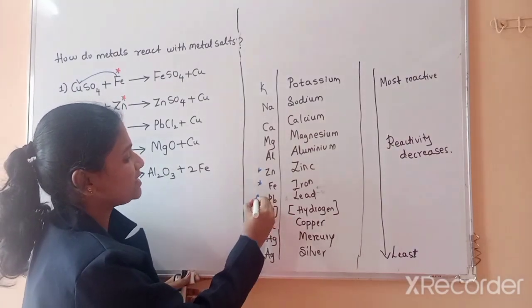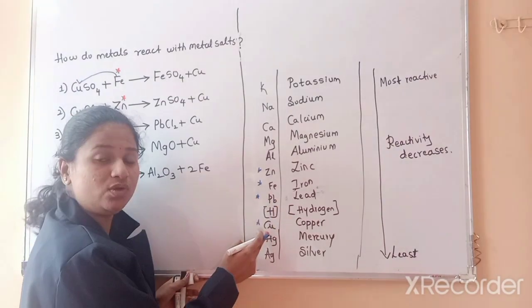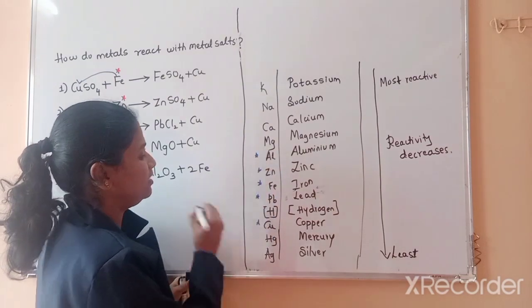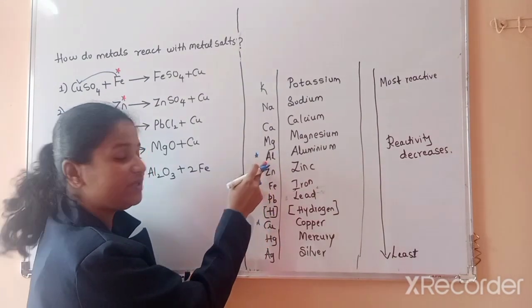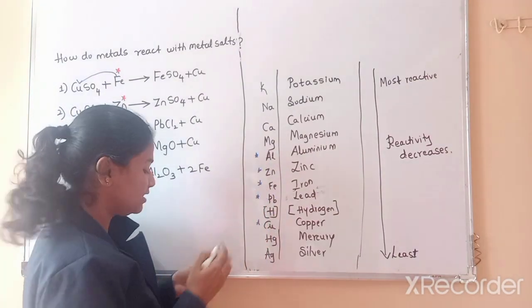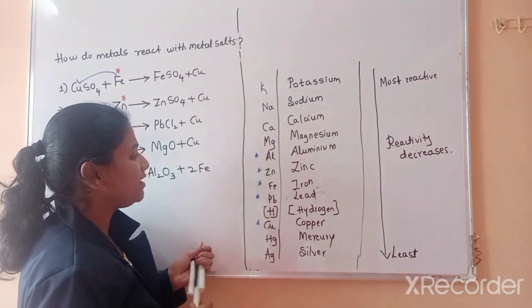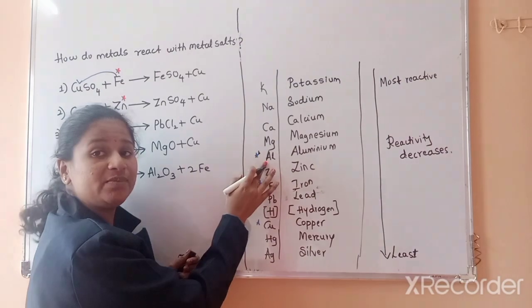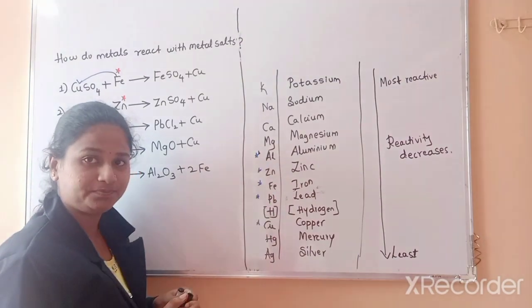Lead is above, copper is below, so lead is more reactive than copper. Similarly, aluminium is here, iron is here. When you compare, aluminium is above iron, so aluminium is more reactive than iron.